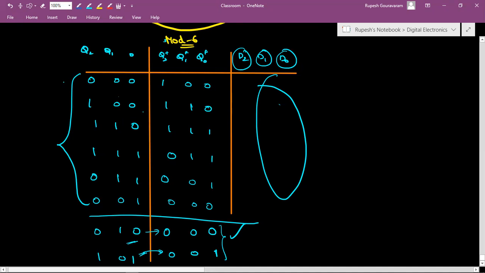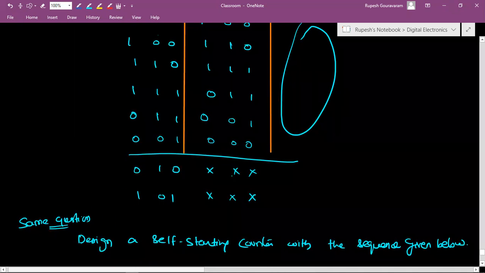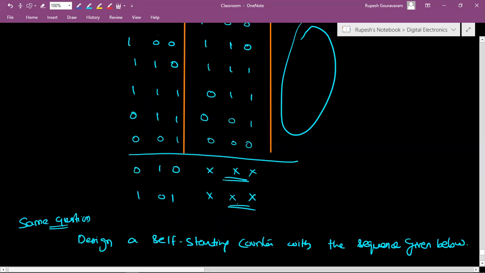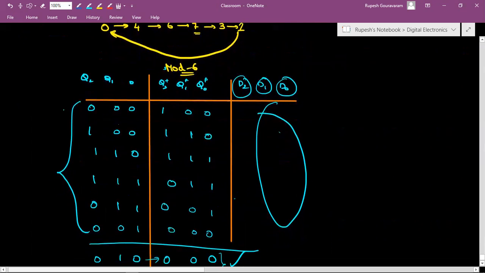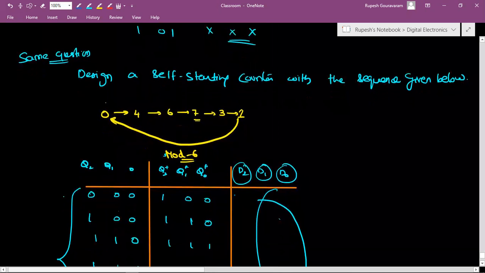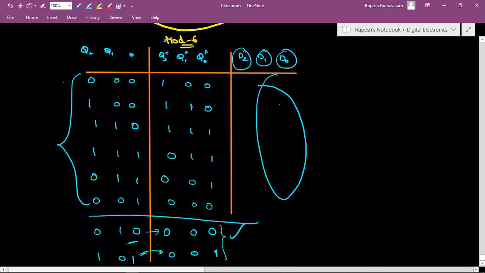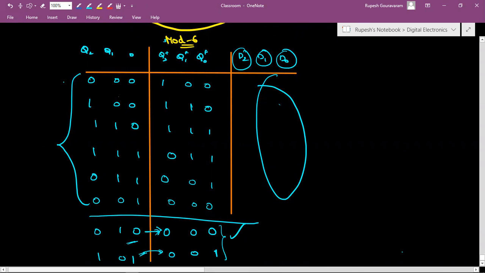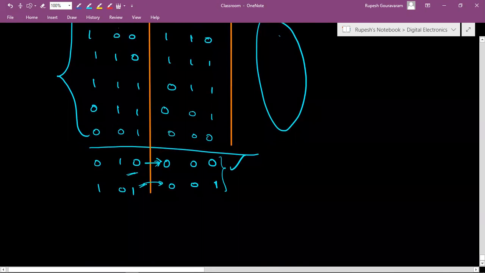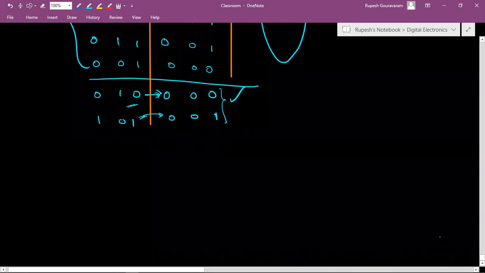You can directly take the next states as don't cares. If they specifically ask for a self-starting counter, then if any of the unused states occur, you can direct them to used states. That's how you will do this kind of question.